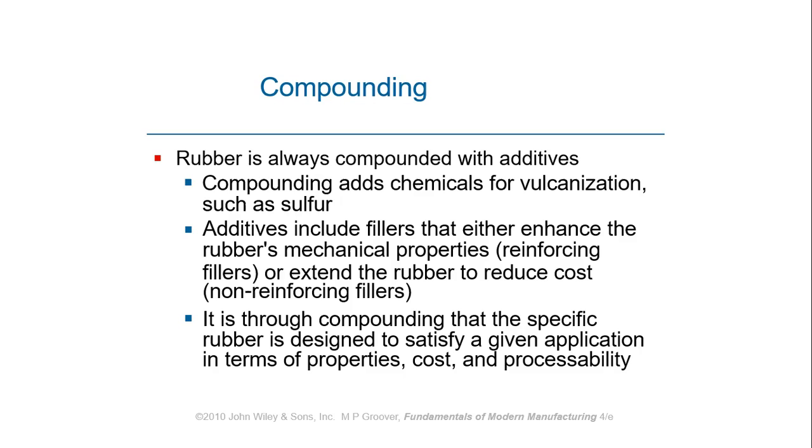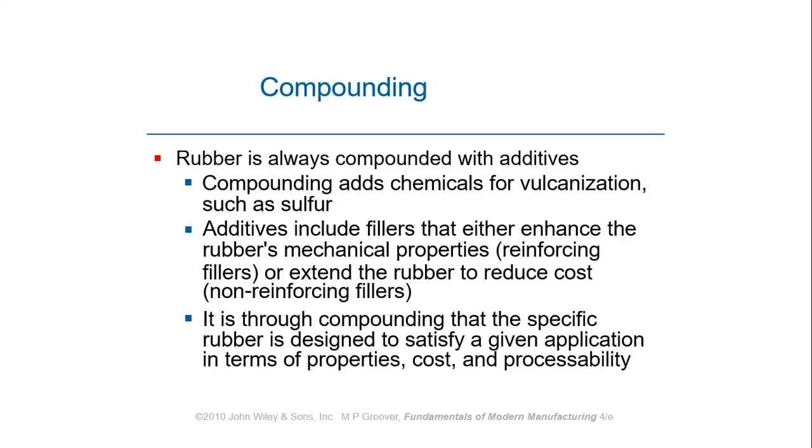And compounding adds chemicals for vulcanization such as sulfur. Sulfur is also added to rubber for vulcanization. That means vulcanization means the production of long chains. The short chains are produced in the manufacturing of rubbers that is very soft. And when you use the vulcanizing chemical like sulfur in the system and then heat it up at a certain temperature, then the small chains will be connected together, and I'll show you the vulcanization process, how the vulcanization works.